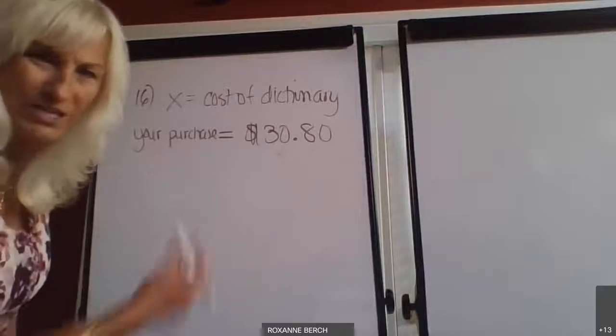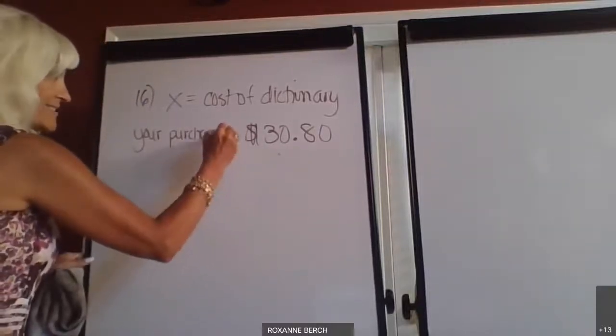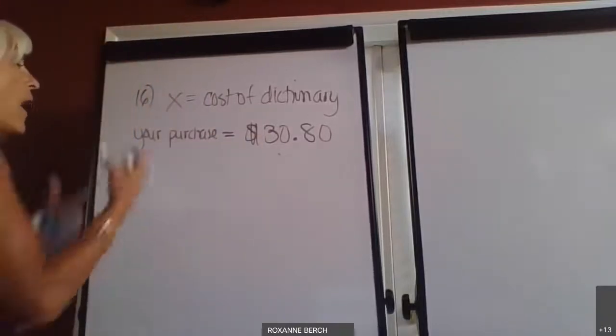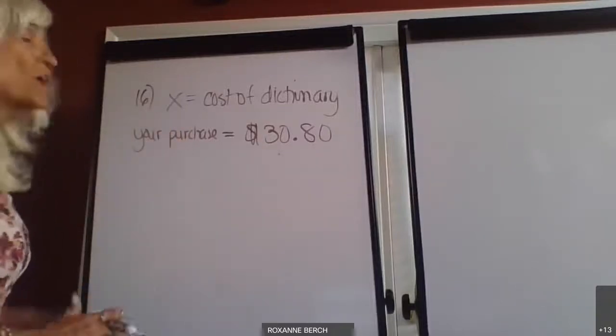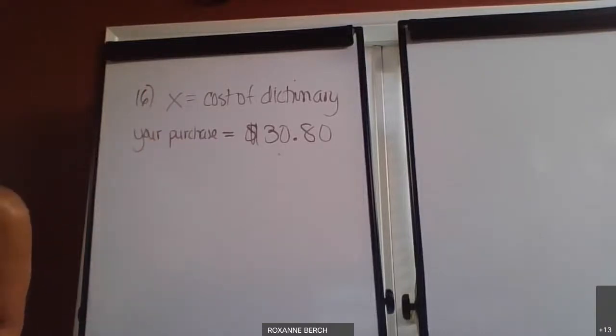So you see this weird equation that I wrote that I believe you're going to understand? So my purchase is $30.80. Well, how can I represent my purchase using the variable? Well, that is the question.